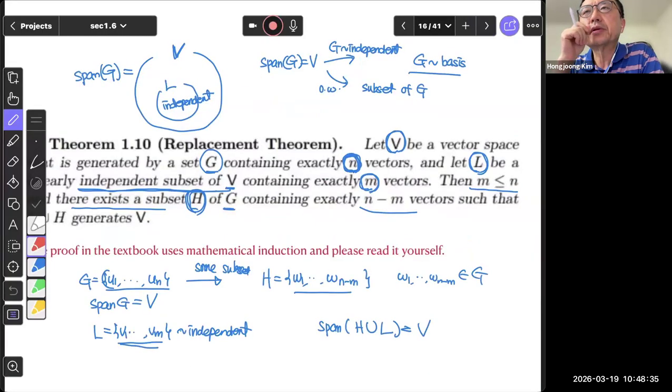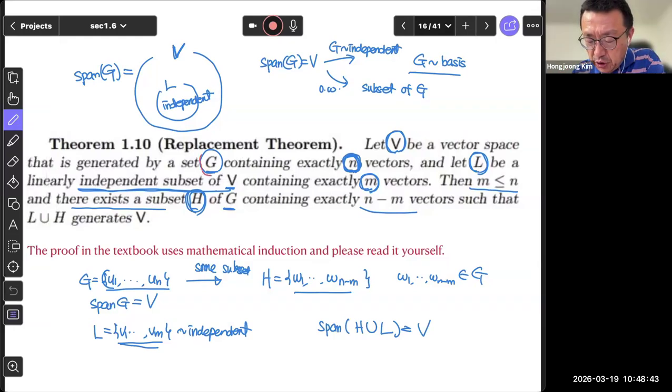1.10 is the replacement theorem. So if a vector space V is given, and if that is generated by some set, say G, then some elements in G can be replaced by linearly independent vectors.